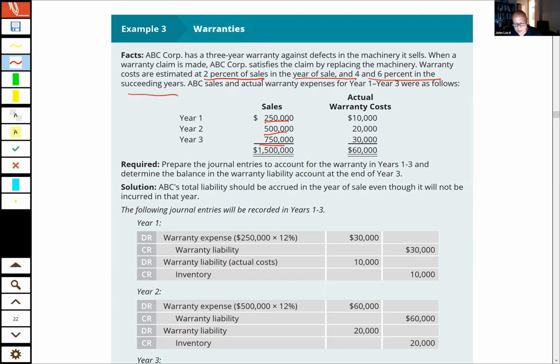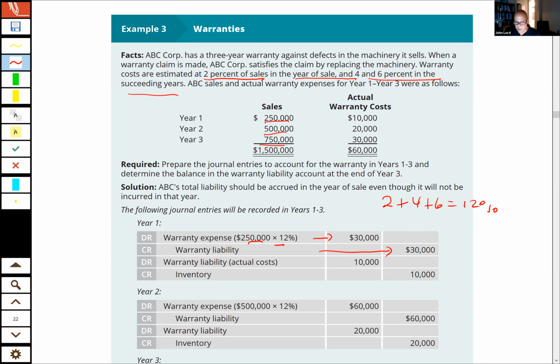That makes sense because the older the things get, the more likely they'll break and I'll have to pay for something, right? So you take 2 plus 4 plus 6 equals 12%. You take the sales of 250,000 times the 12%. That's going to be my warranty expense of 30,000, and I credit the warranty liability of 30,000.